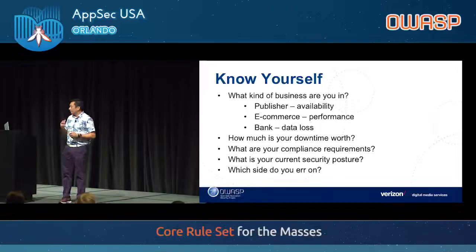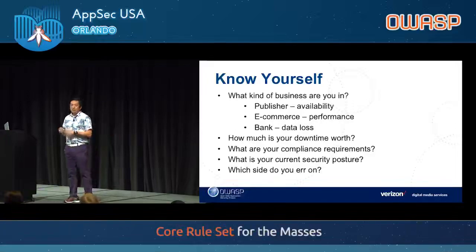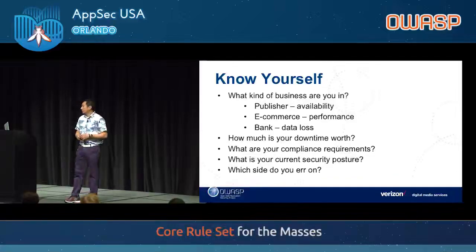And that's very different from e-commerce, where they want performance, but they also don't want any false positives. So they don't want to block any legitimate users, even if it is just a tiny bit, because it has a direct impact on their bottom line. And the banks may have a different big concern: I'm more concerned about credit card-like data or social security-like data leaving the system, so they may be more concerned about inspecting the HTTP response.